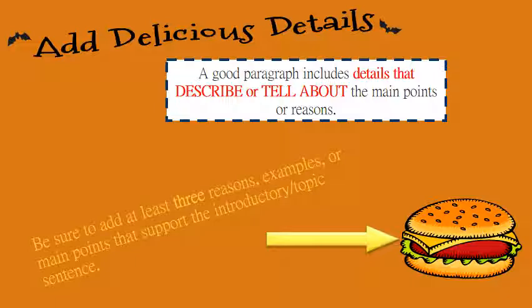They should stick to the main idea. Be sure to add at least 3 reasons, examples, or main points that support the introductory or topic sentence. And as we did before, we compared the details, the delicious details, to the delicious ingredients in the hamburger sandwich, which are the cheese, lettuce, tomato, and meat.